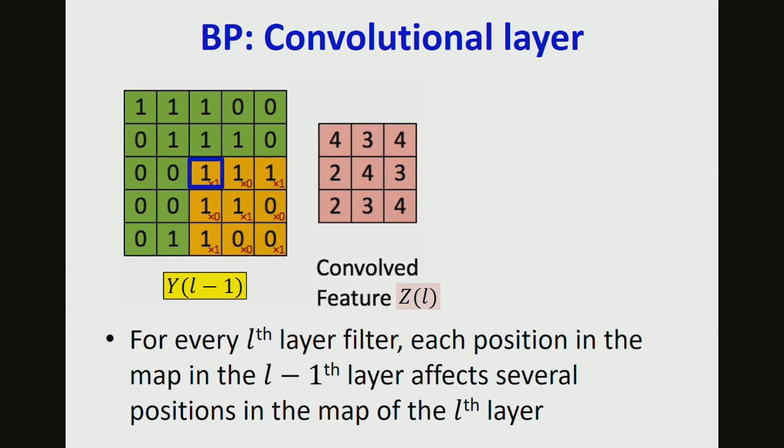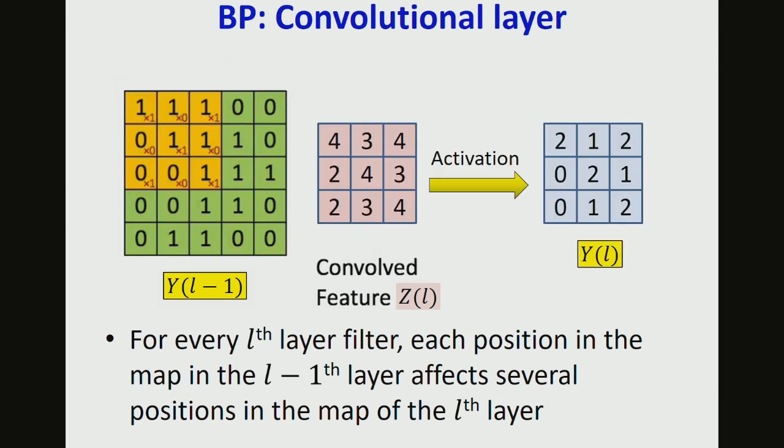If this filter sits on top of that Y for any given position of Z, it's contributing to that Z. So here the pink is the Z map, the green is the Y, and you can see that that blue box contributes to every single position in the output map, in this particular case. This means that, and this is not just for one layer, it's actually going to be contributing to every layer.